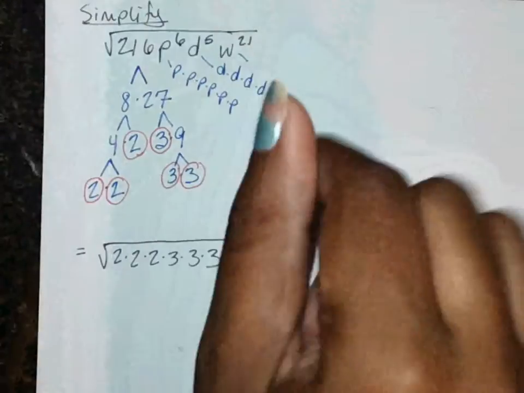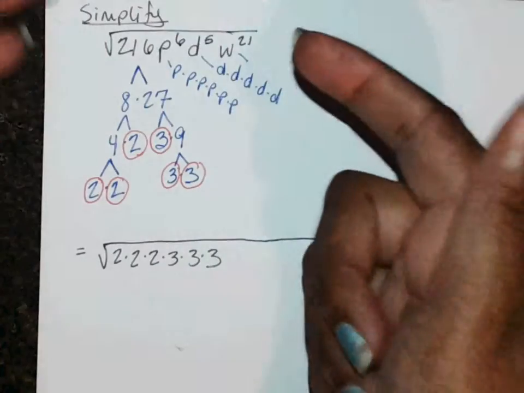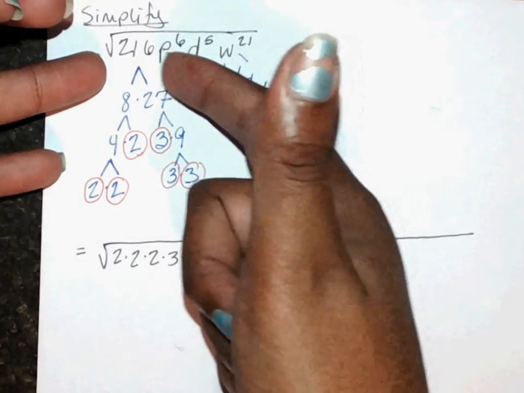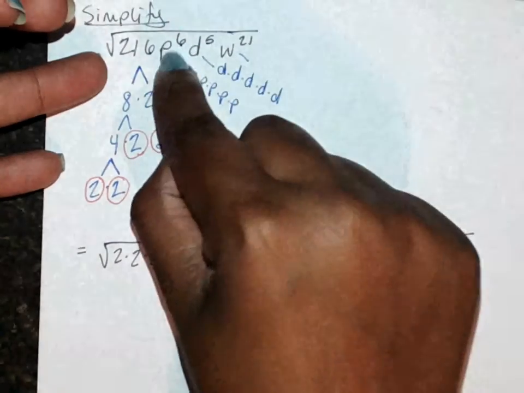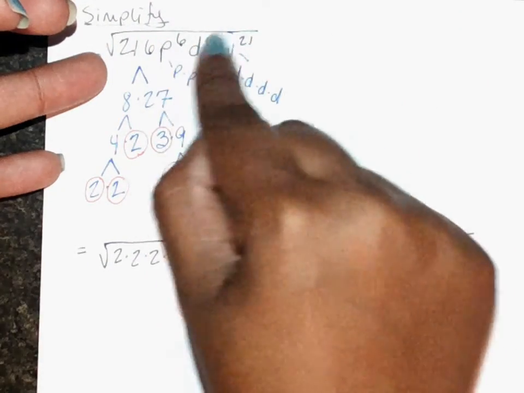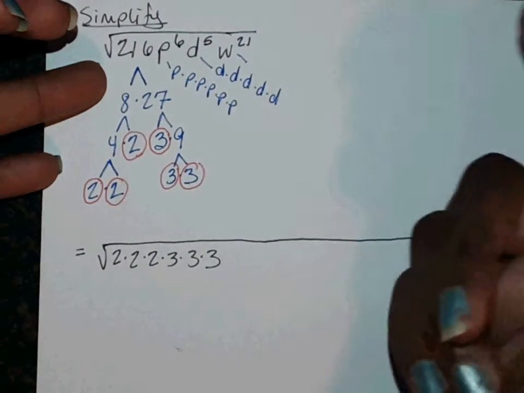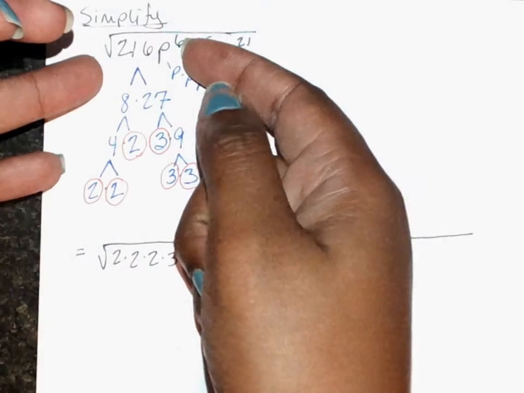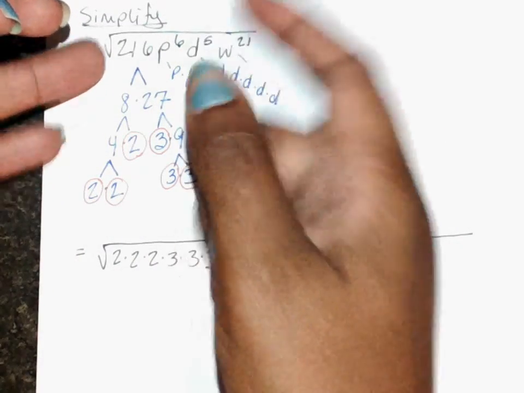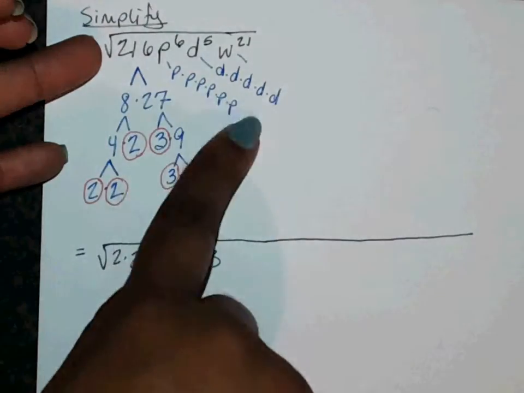What I'm going to do is realize that I'm going to end up having to take the square roots of these. So I'm going to end up dividing these numbers by 2. 6 divided by 2 is 3. So I can tell that I'll have 3 groups there.